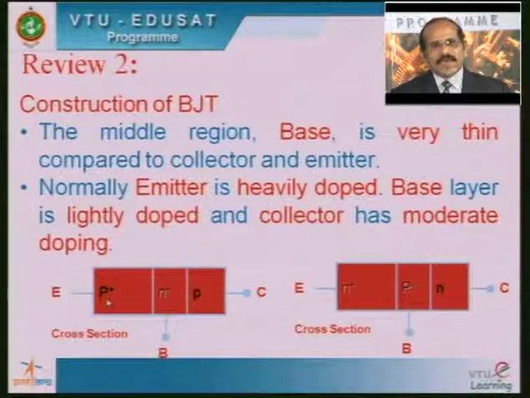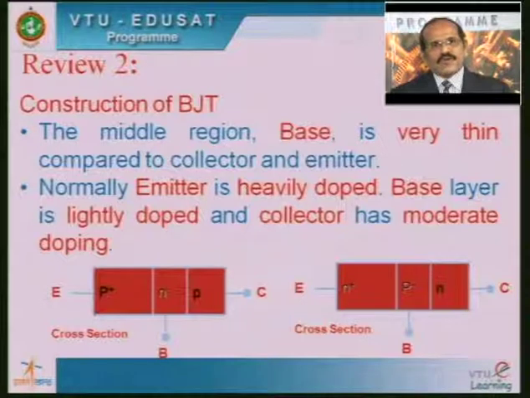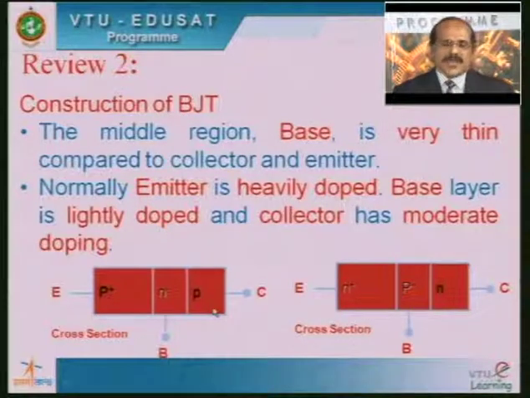Compared to the emitter and collector regions, the middle region is very thin. The P plus layer, which forms the emitter, has more width, whereas the P layer, the collector, has a width in between that of the emitter and base.